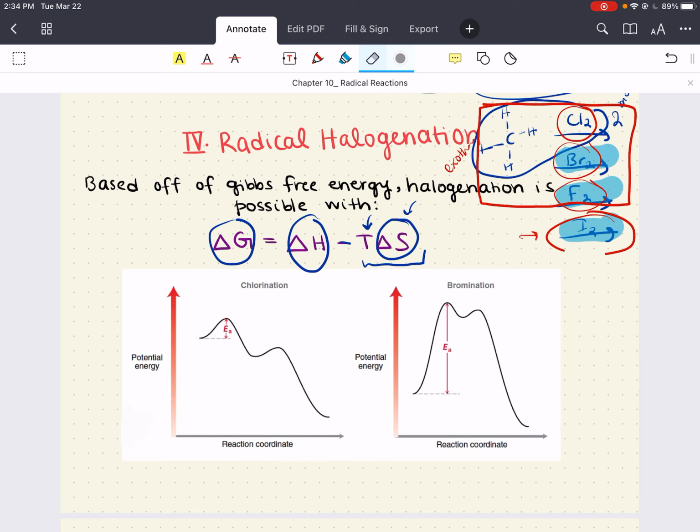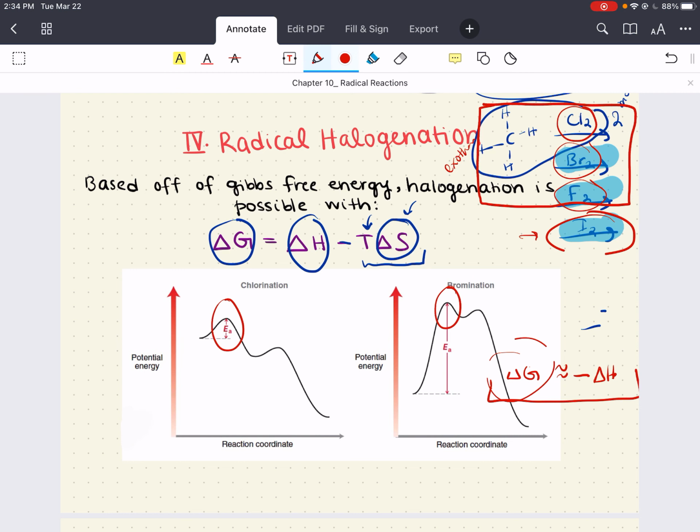And we realize that the rate determining step is the first step in radical halogenation. That's going to be our hydrogen abstraction for both of these. So the rate determining step is the first step in propagation.